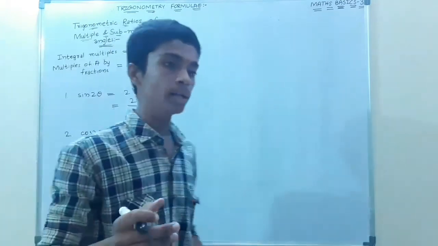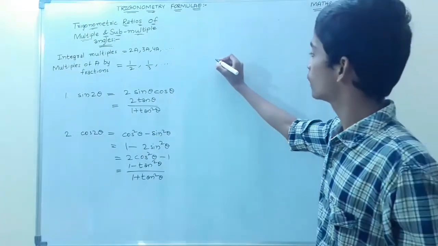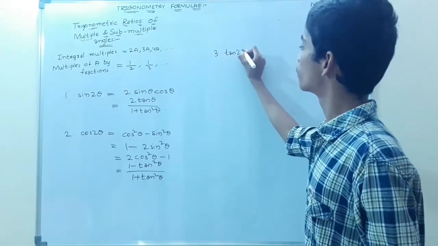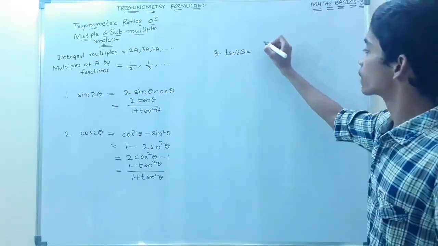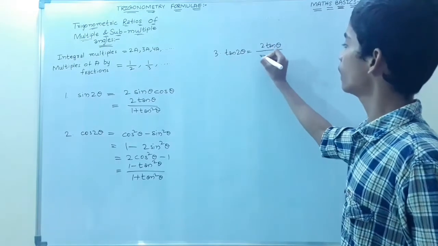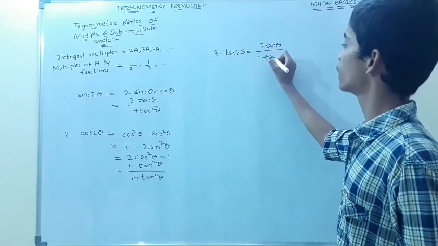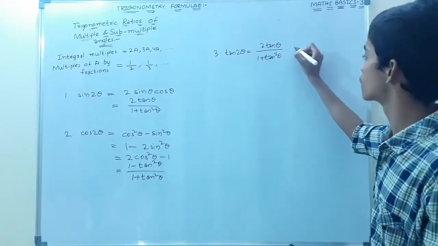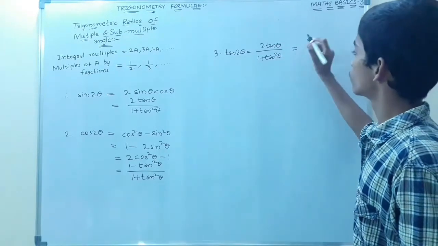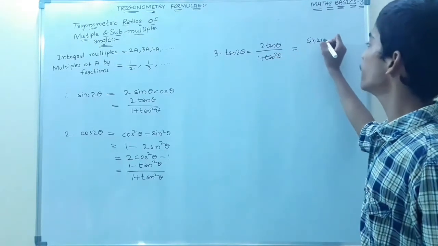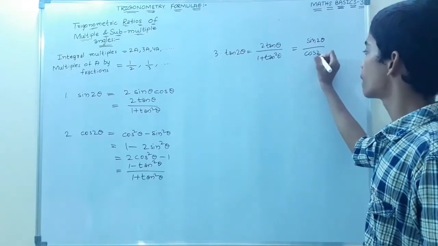And while coming to tan 2 theta formulas, how do we get it? Since tan 2 theta is equal to sine 2 theta by cos 2 theta.